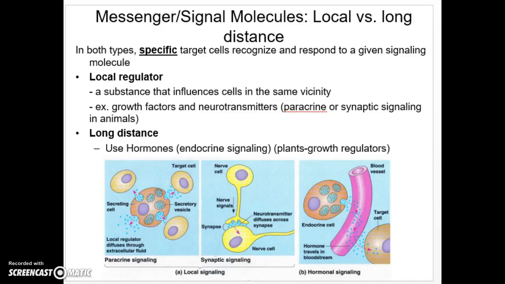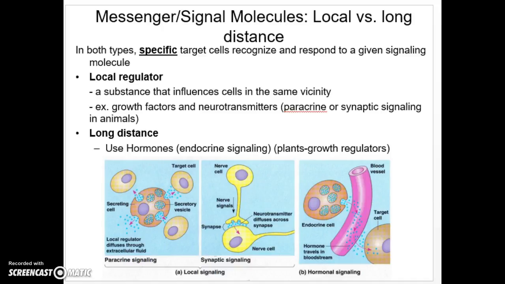In both types of signaling, there is a specific target cell that's going to recognize and respond to that specific signaling molecule. If it's come from close by, then it's called a local regulator, which means it's something that's going to influence the cells that are close by in the same vicinity. So things like growth factors or neurotransmitters are examples of local regulators.